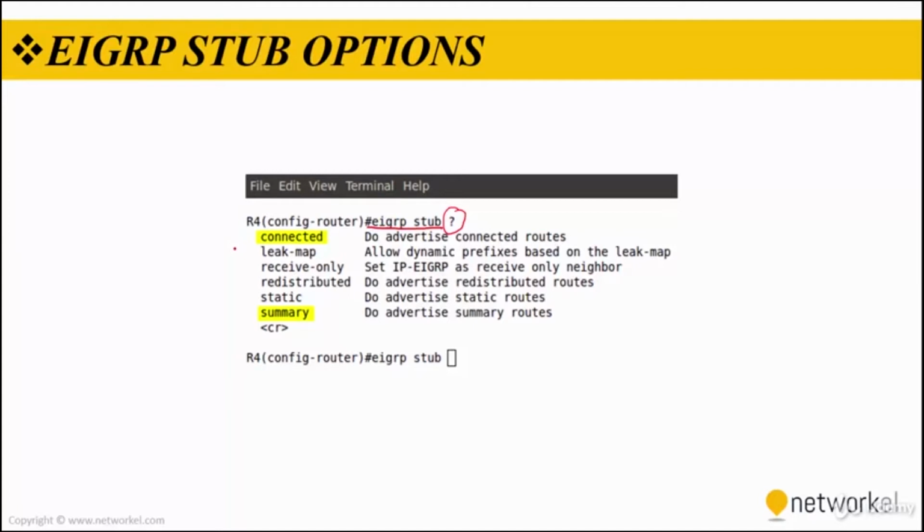By default, a STUB configured router will share the connected plus summary routes with its neighbors. If you configure receive-only, the router does not share any route with any neighbor. And the other options are redistributed, static, and leak-map.